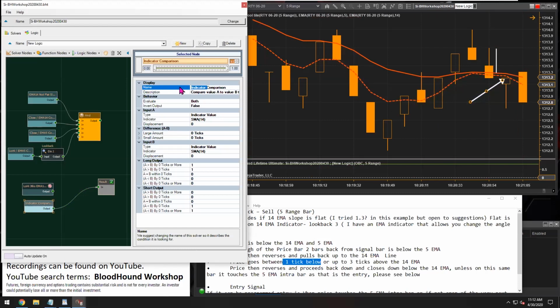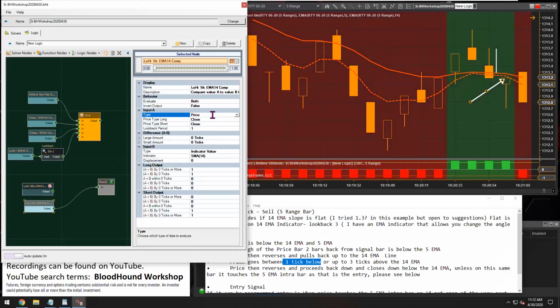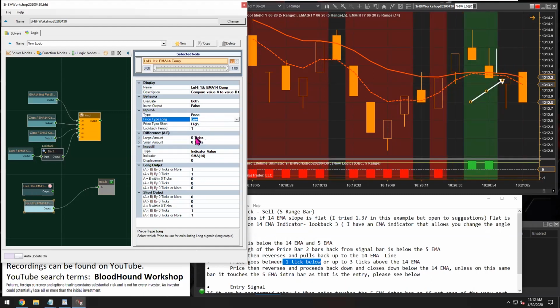So we're basically going to be doing the same thing, looking at the low or the high of the bar and making sure it's within 1 tick of our EMA14. Right. Let's just go through and set these up quickly.